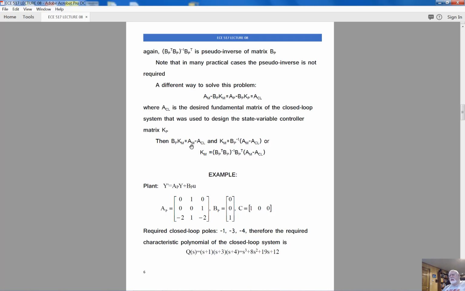BPKM is equal to AM minus A closed loop, and then KM would be equal to BP inverted times AM minus A closed loop if BP is a square matrix. And this is what we will have if matrix BP is not a square matrix.